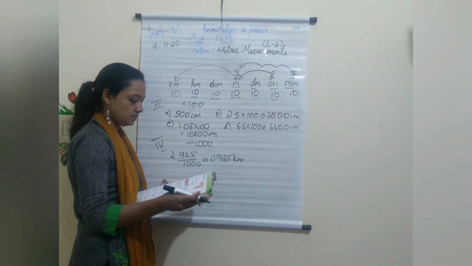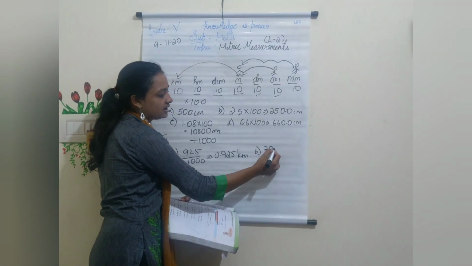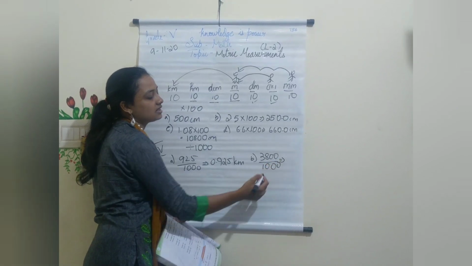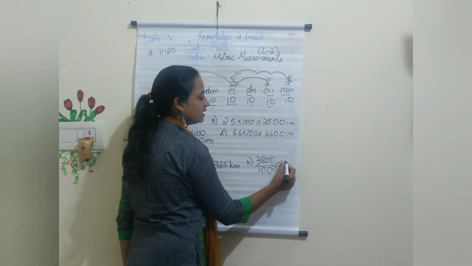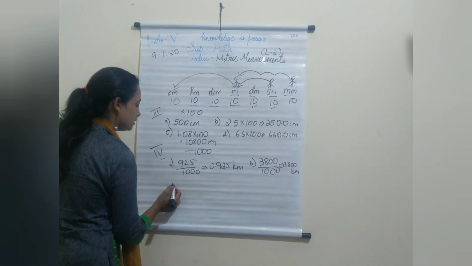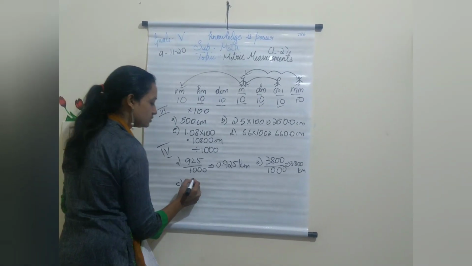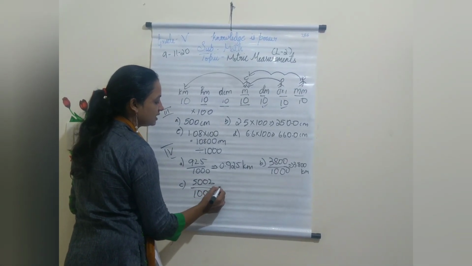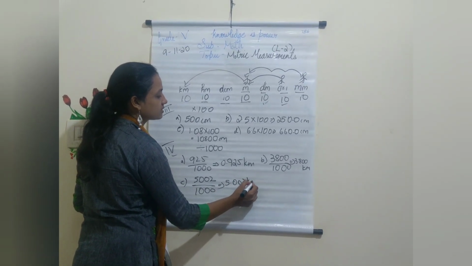Next is B. 3,800 divided by 1,000. So after 3 numbers, if you keep a decimal point, what you get? 3.800 kilometers. C. 5,002 divided by 1,000, you get 5.002 kilometers.